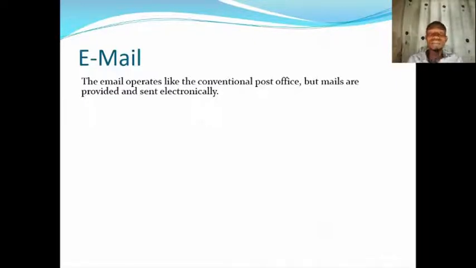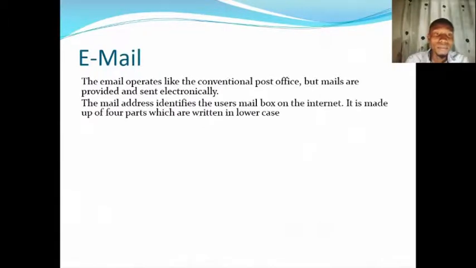Now, you get a message, let's say a letter, you have it in an envelope, then it's mailed or sent to someone. Or in this case, it's done electronically, that's via the internet. The mail address identifies the user's mailbox on the internet. So the email address is a unique address that identifies the user's mailbox on the internet.